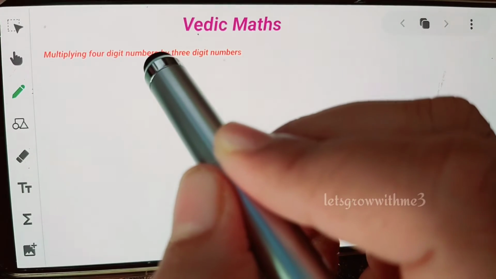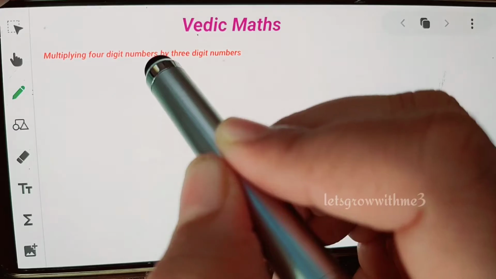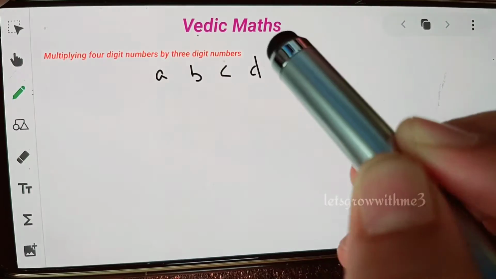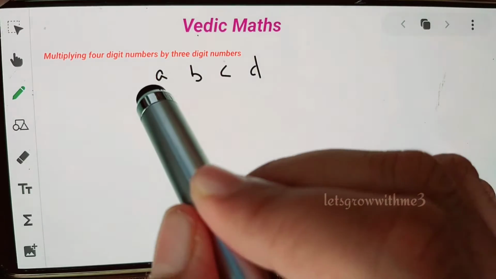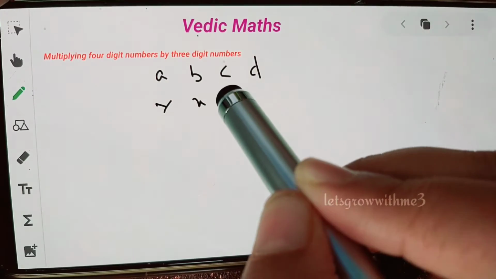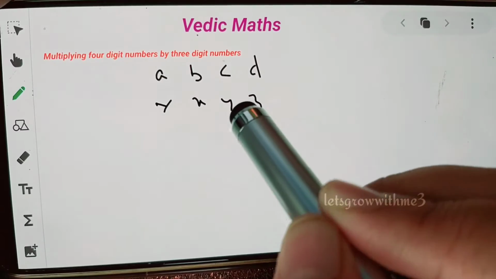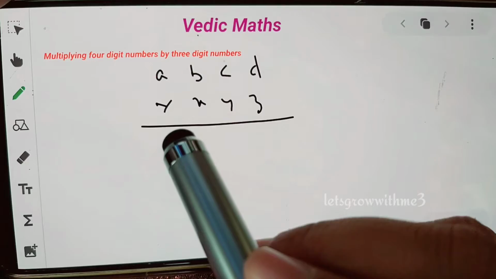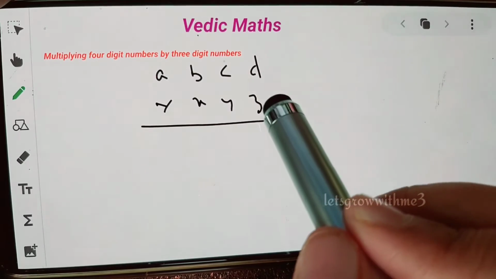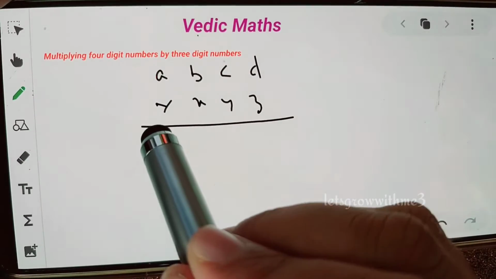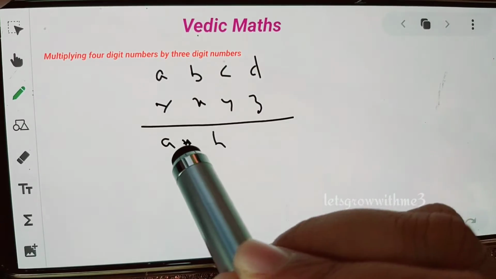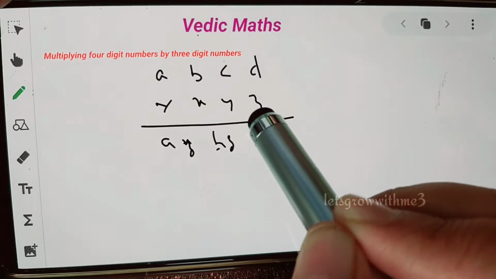Here I am considering 4 values as the multiplicand: A, B, C, D, and then we will consider x, y, z as the multiplier. Then we need to multiply. First we multiply z with the multiplicand, so the values we get are az, bz, cz and dz.